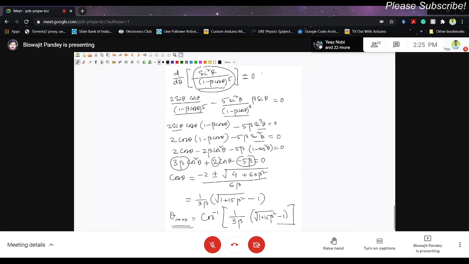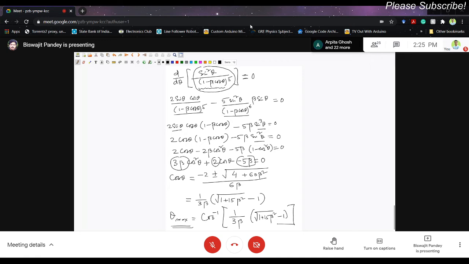Suppose a point charge is getting accelerated with a relativistic velocity, and the velocity and acceleration are parallel. What would be the direction along which maximum power will be emitted? Just by looking at this expression you can figure it out.